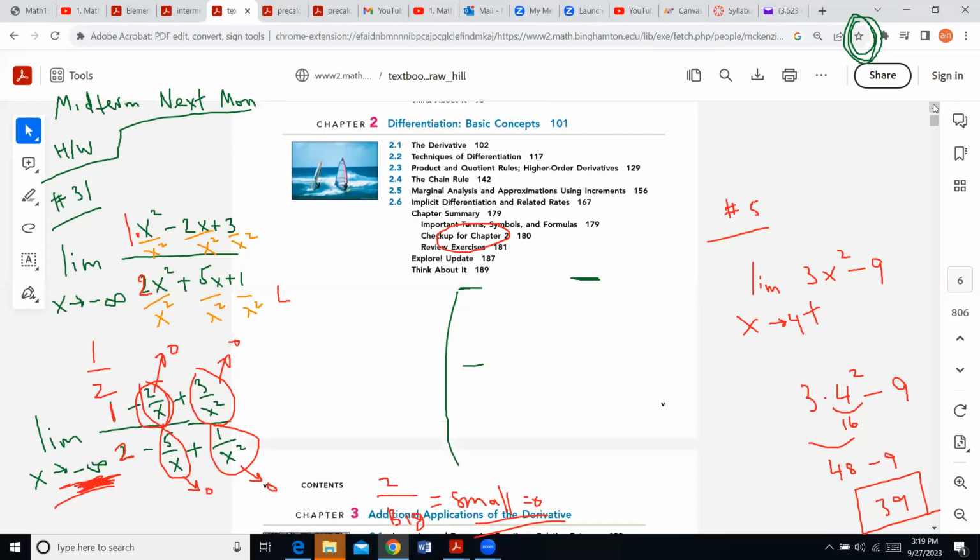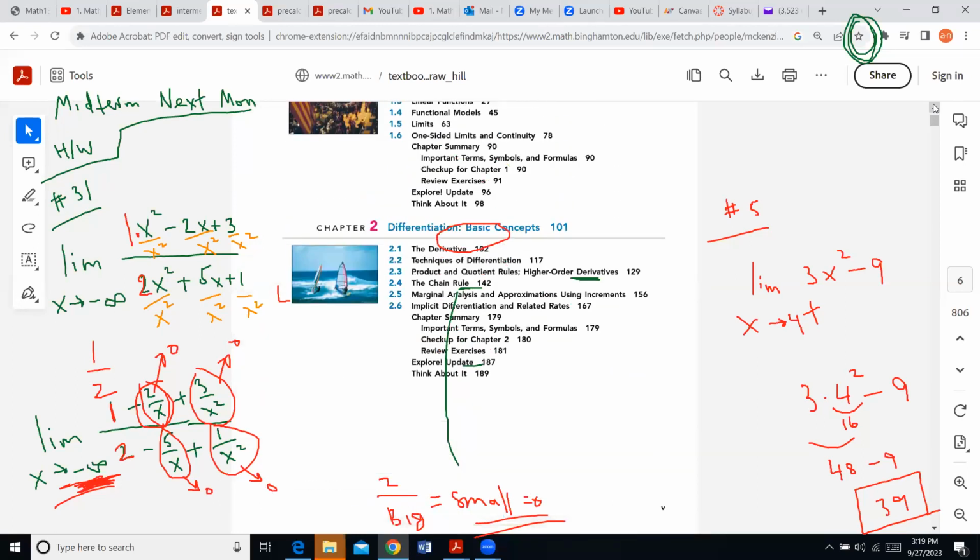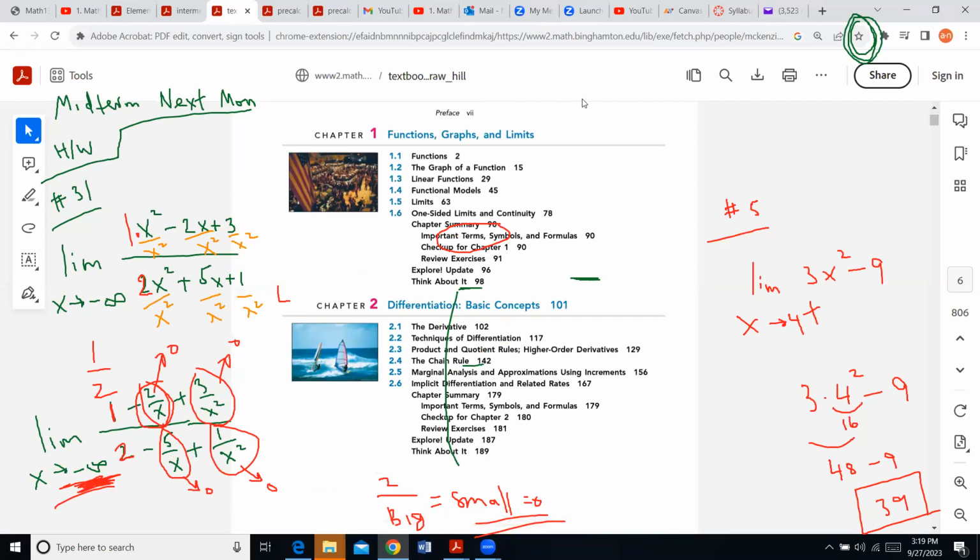So for chapter 1, I guess the main part was limits, and I guess we didn't really care much about functional models, so just sections 1.1 through 1.3, which means 1.1, 1.2, 1.3. This dash means starting and ending at that.